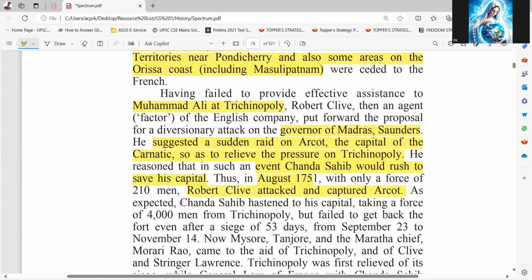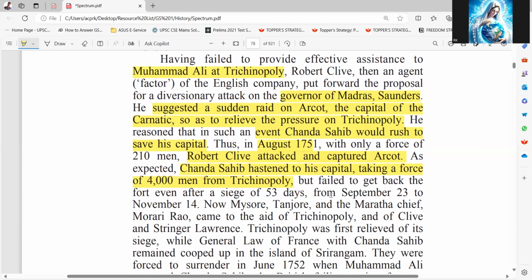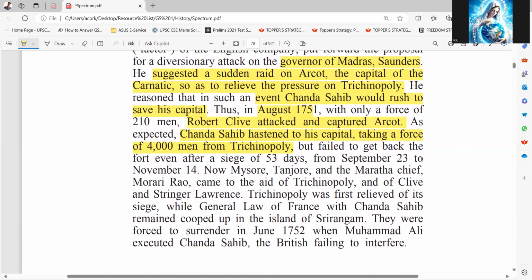As expected, Chanda Sahib hastened to his capital, taking a force of 4,000 men from Trichinopoly, but failed to get back the fort even after a siege of 53 days from September 23 to November 14. Now Mysore, Tanjavur, and the Maratha chief Morari Rao came to the aid of Trichinopoly, and Clive and Stringer Lawrence relieved it.